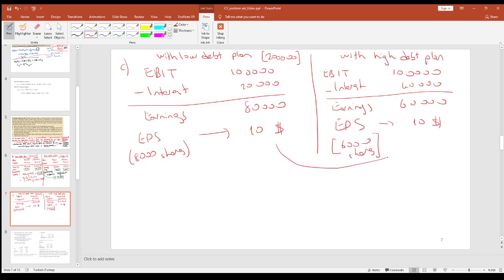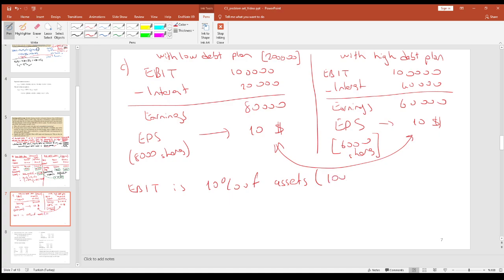So why are these two the same? Well, earnings per share in both cases is the same for both plans because earnings before interest and tax are 10% of assets.